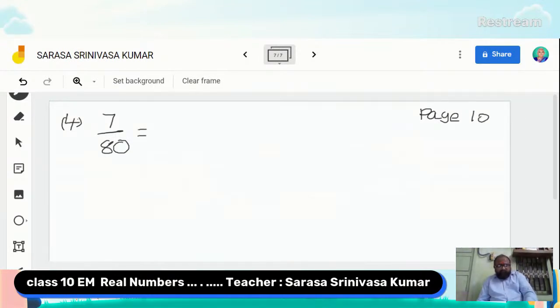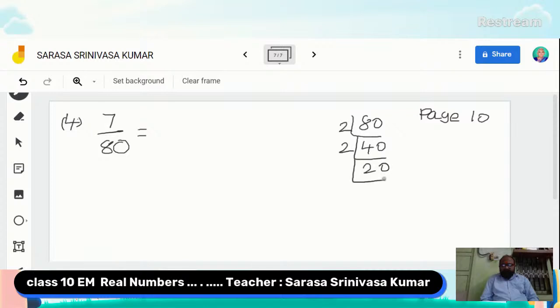These are problems from the textbook only. Now we find prime factors for 80. 2 40s, 2 20s, 2 10s, 2 5s. This is equal to 7 by 2 power 4 multiplied by 5.